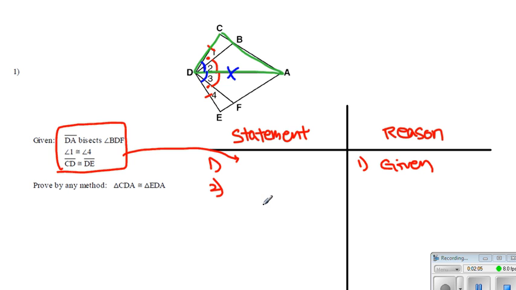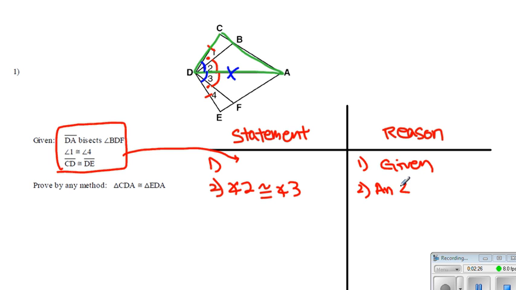Now, second step. Since the DA bisects that, as we marked angle 2 and 3 are congruent, we will realize the angle number 2 must be congruent to angle number 3. What's the reasoning? That's right.